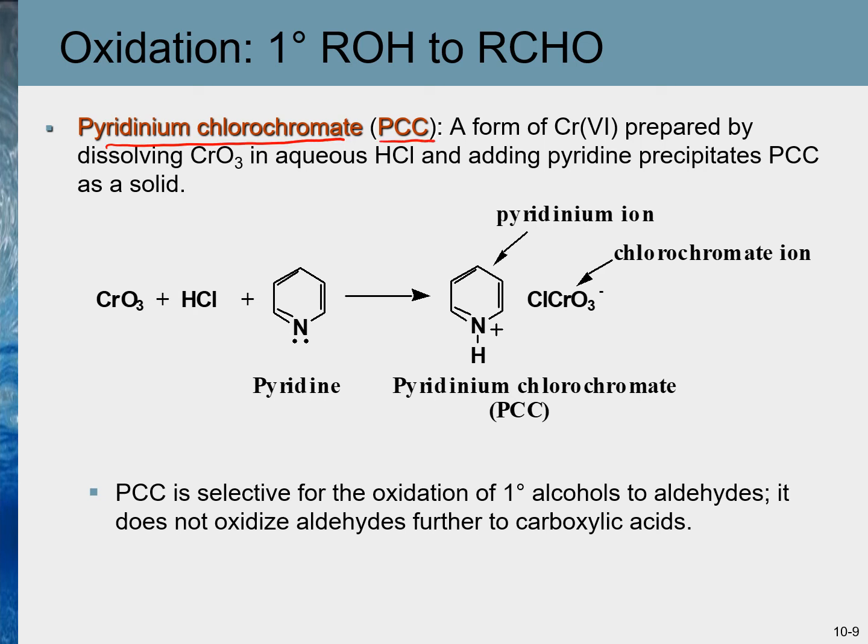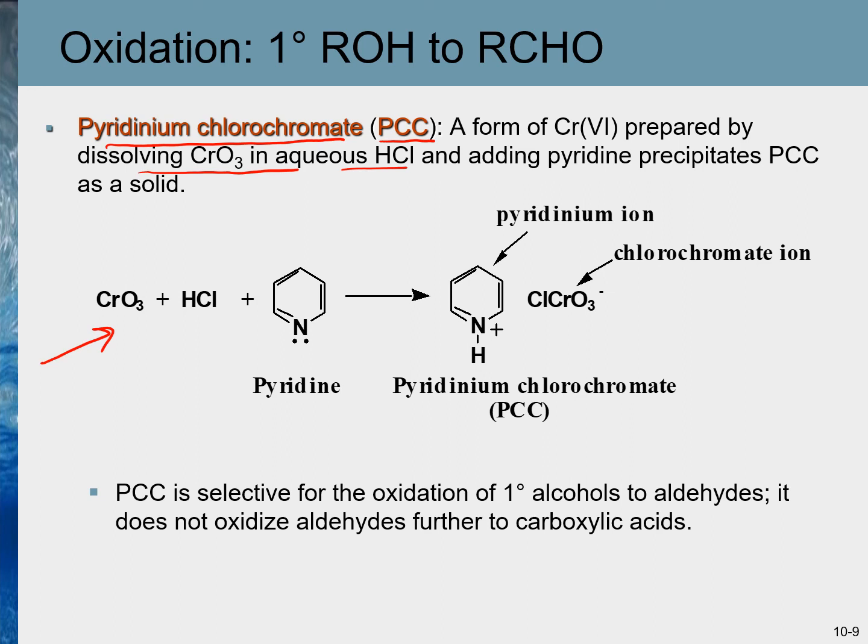PCC is prepared by dissolving chromium 6 oxide in aqueous HCl and then adding pyridine to the reaction mixture. This will result in formation of a solid PCC precipitate. The reaction of formation of PCC is shown here.